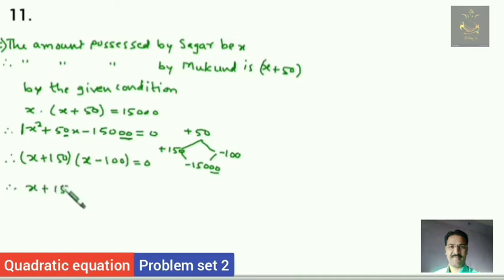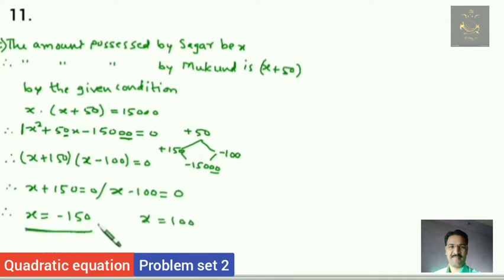What can we write here now? X plus 150 is equal to 0 or x minus 100 equal to 0. So by simplification x equals minus 150 and on this side x equals 100. But remember friends, this is an amount, which is never negative.